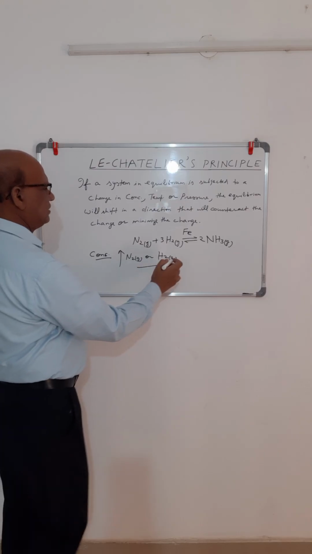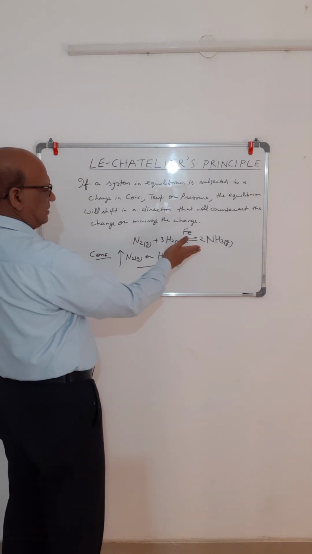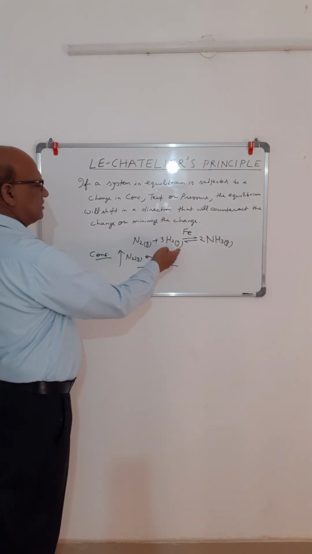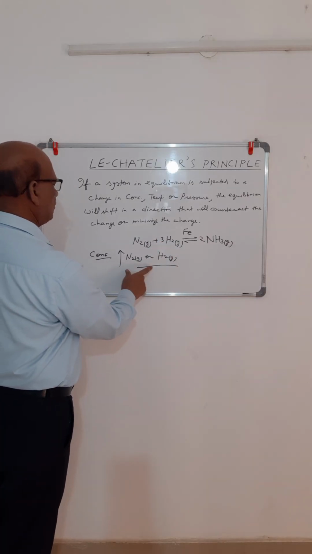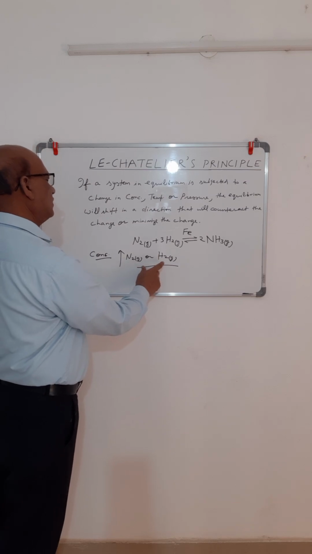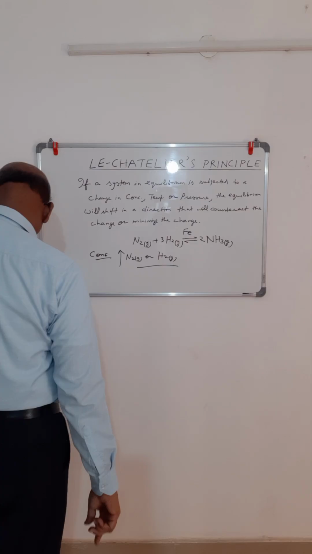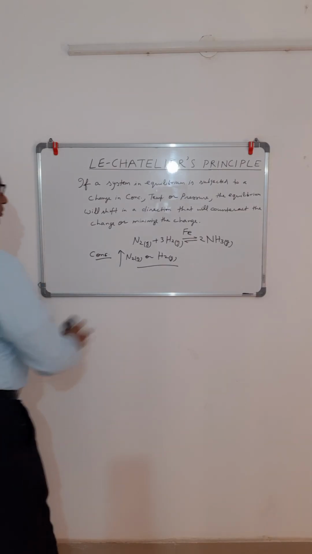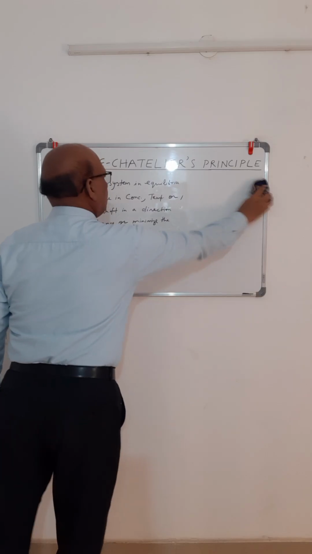That means it will move in the forward direction, because in the forward direction the concentration of reactants is getting decreased. So if I increase the concentration of reactants, then equilibrium will shift in the forward direction as per Le Chatelier's principle.